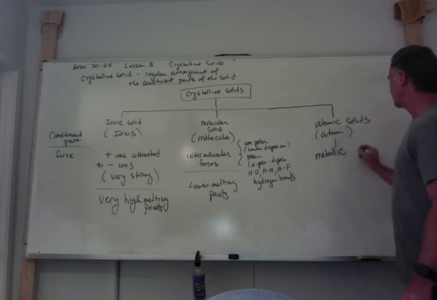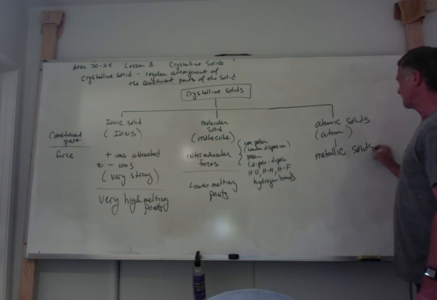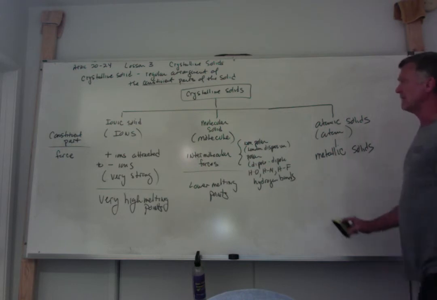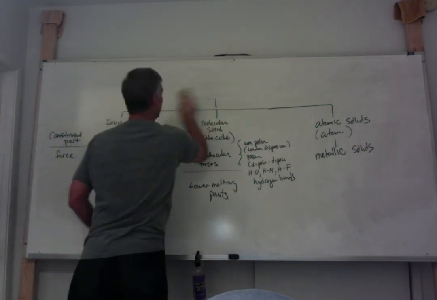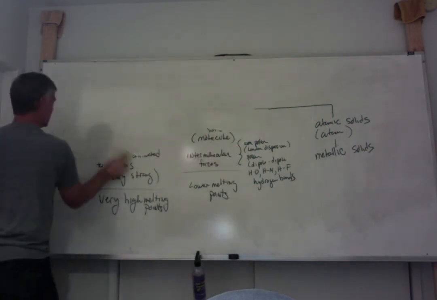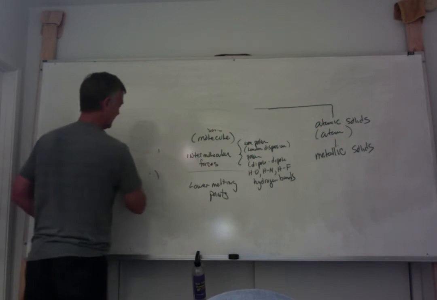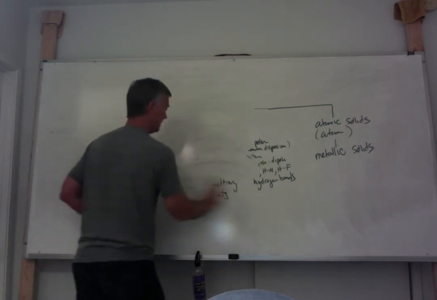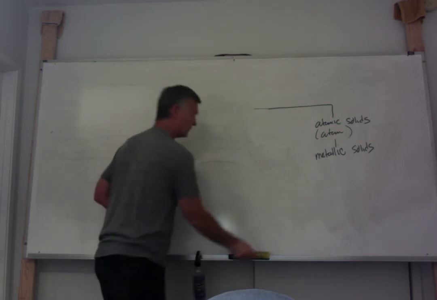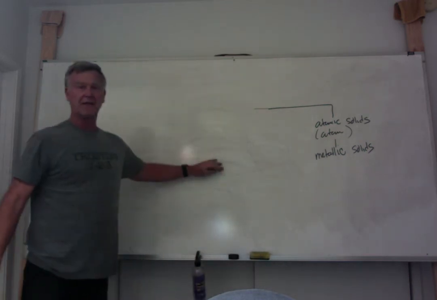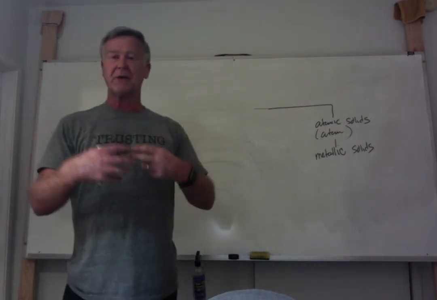Metallic solids are kind of interesting. And I'm going to erase over here because I just don't have the room. Metallic, we have not talked about yet. We talked about ionic, having a transfer of electrons, and covalent bonds, sharing electrons.